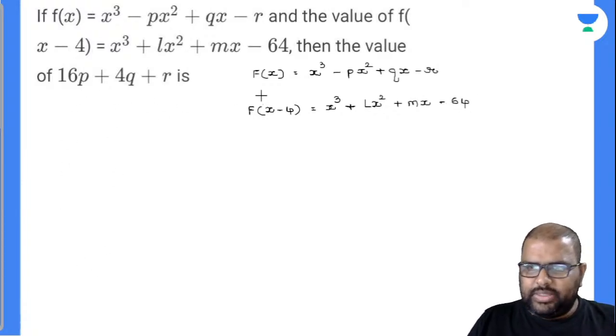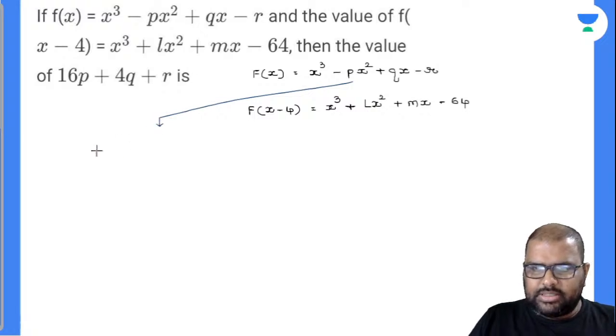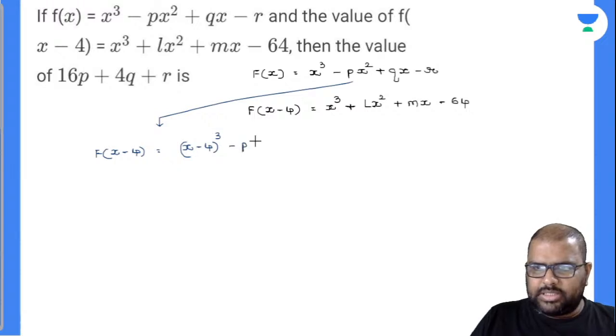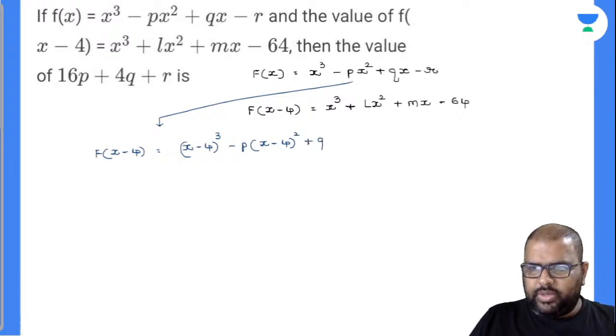So what I will do is, in this equation I will substitute. If I take f of x minus 4, now this will be x minus 4 whole cube minus p into x minus 4 whole square plus q into x minus 4 minus r.